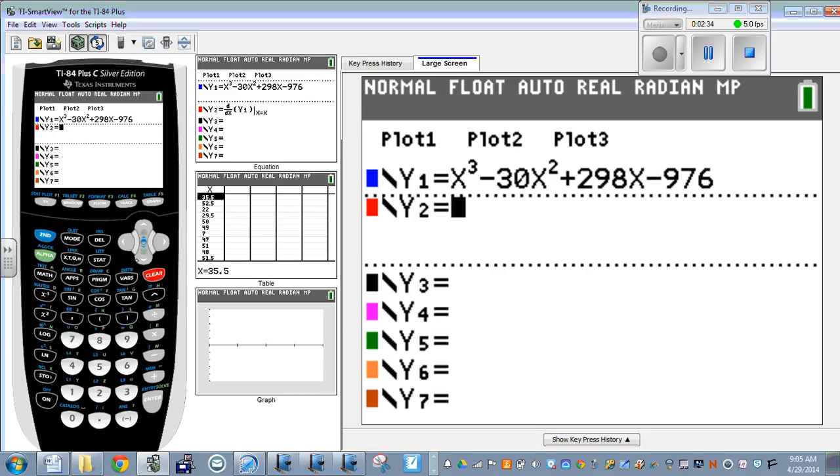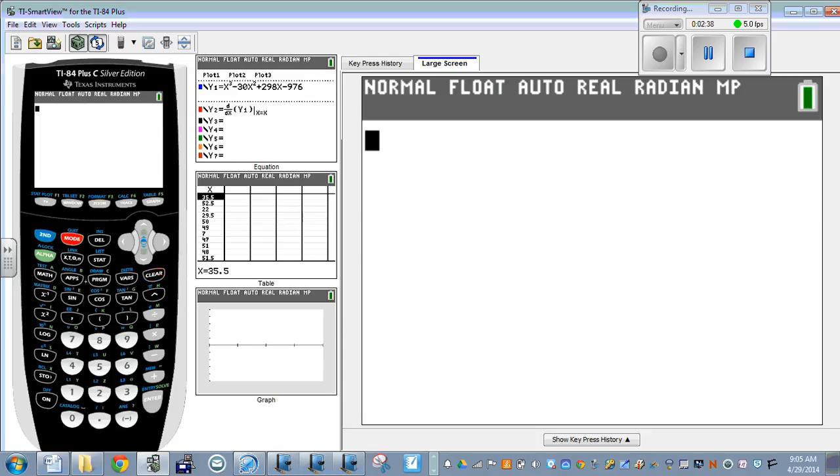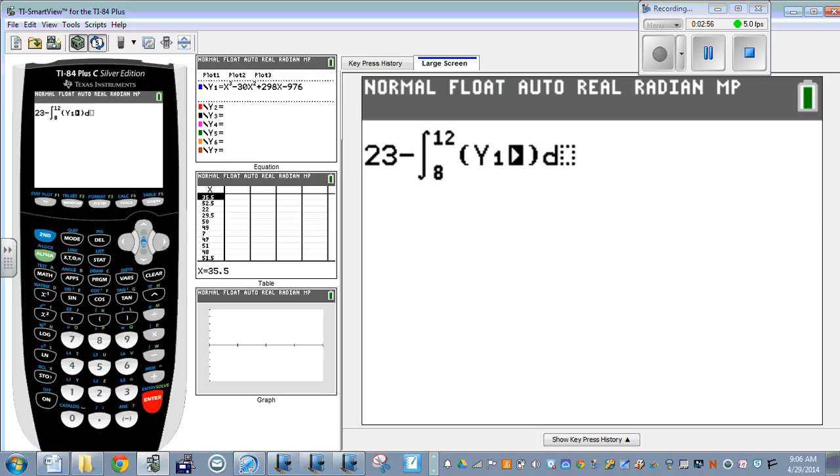We want to figure out what 23 minus the definite integral of that function from 8 to 12 is. So we're going to do 23 minus math 9, evaluate the definite integral from 8 to 12 of y sub 1. So vars, y vars, function, y sub 1. And we're doing that in terms of x.